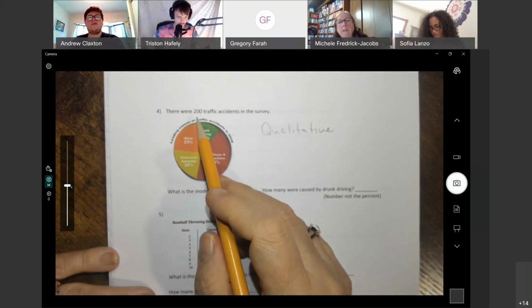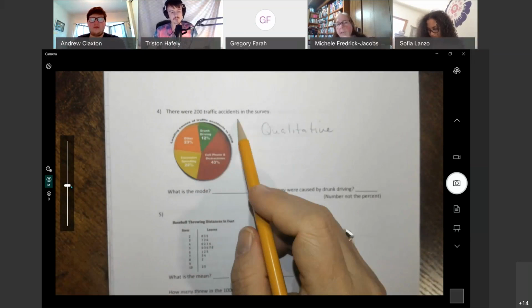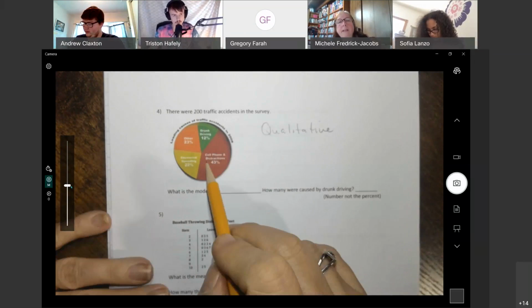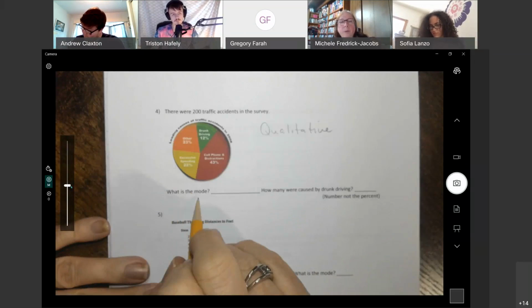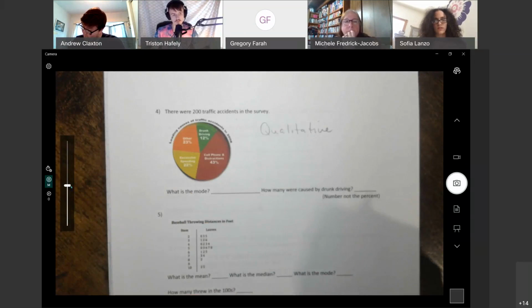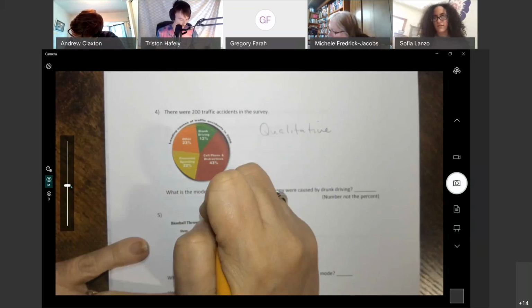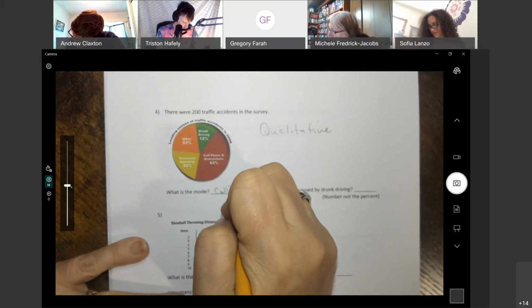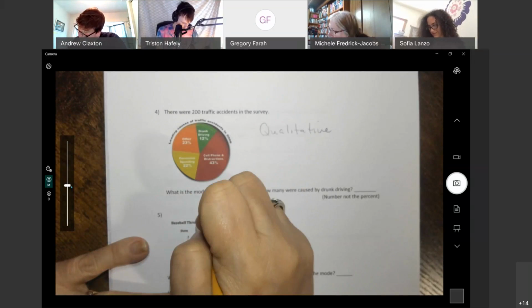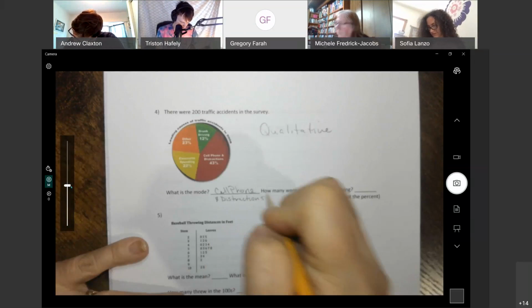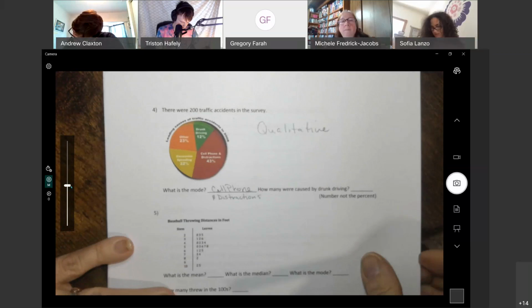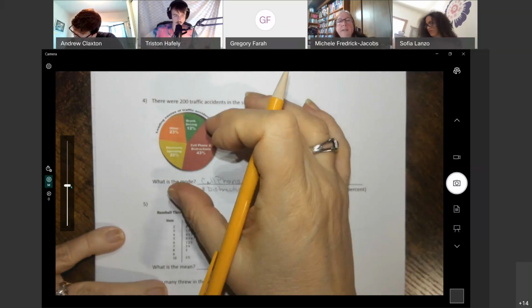So this is 200 traffic accidents and what caused them. So what would the mode be? Cell phone distractions, because it's the largest percentage.